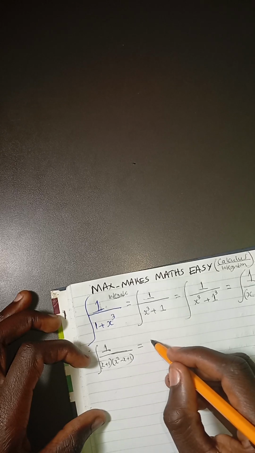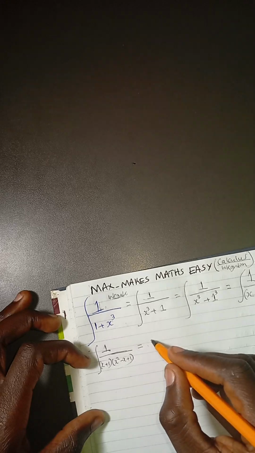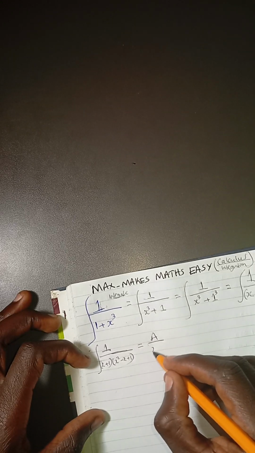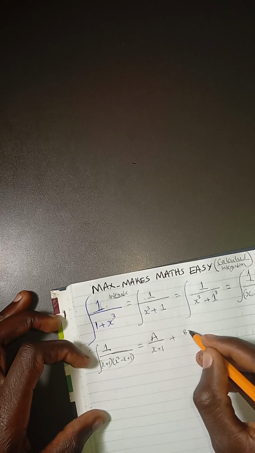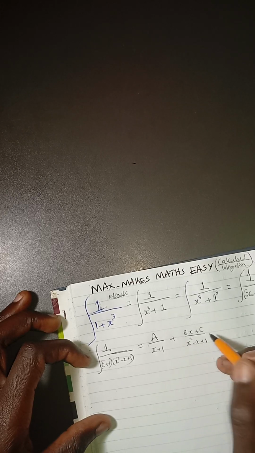If this cannot be reduced, that's what we mean, it can be written, to find the integral, as a over x plus 1, plus bx plus c over x squared minus x plus 1.